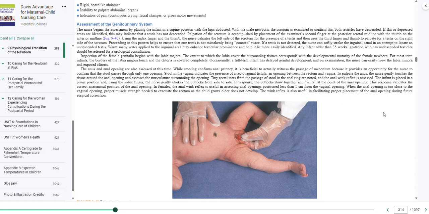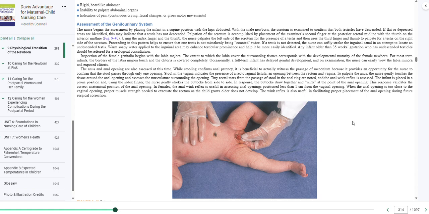For a male baby, we're checking to make sure that the meatus, the end of the urethra, is centered at the end of the penis. We're also checking to make sure the testes are descended, that you can feel the tiny little marbles on both sides.